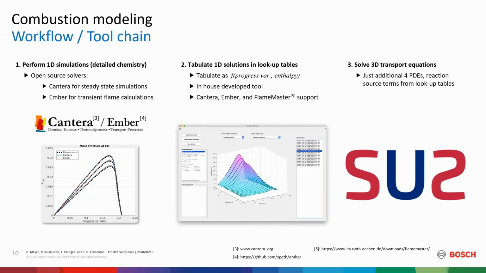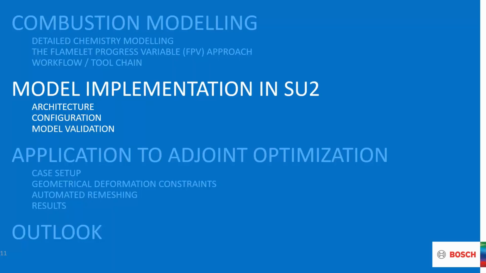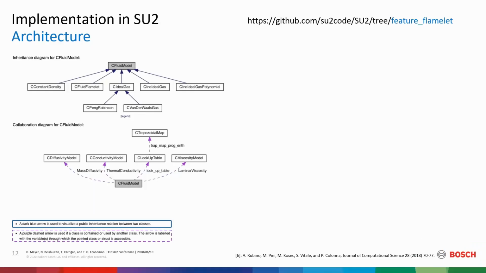This makes this approach much more feasible than detailed chemistry. Okay, so let's talk about the implementation in SU2. You can access the code in the feature FLAMELET branch if you like to, so you can find it there. You will see that the FLAMELET model is implemented as a fluid model class.